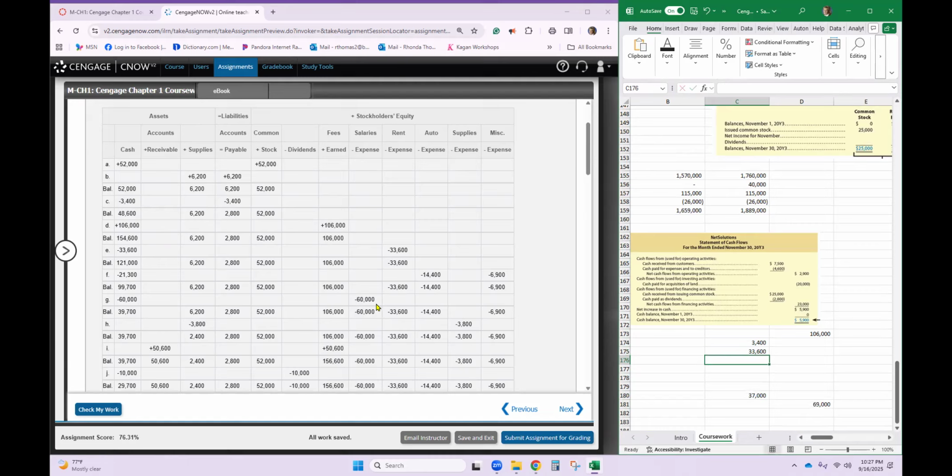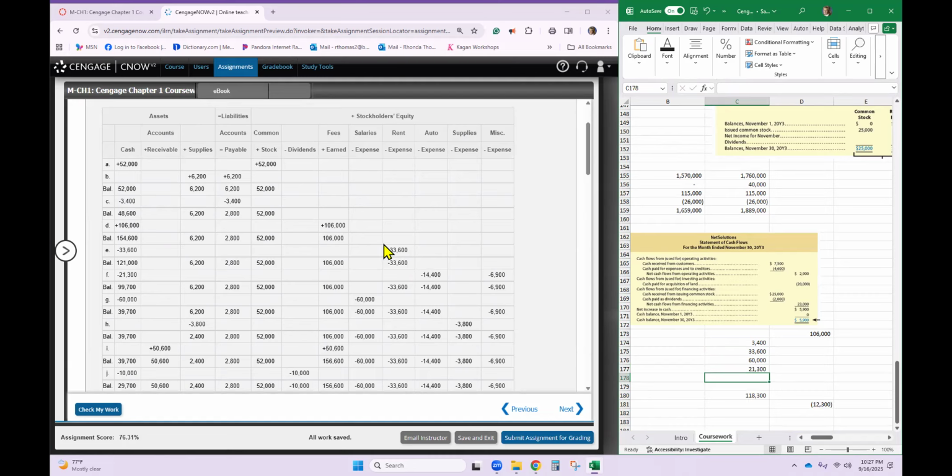Okay. Then the next that was paid was salaries. Then the next, oh, here is 14,400 and 6,900. So together that's 21,300.